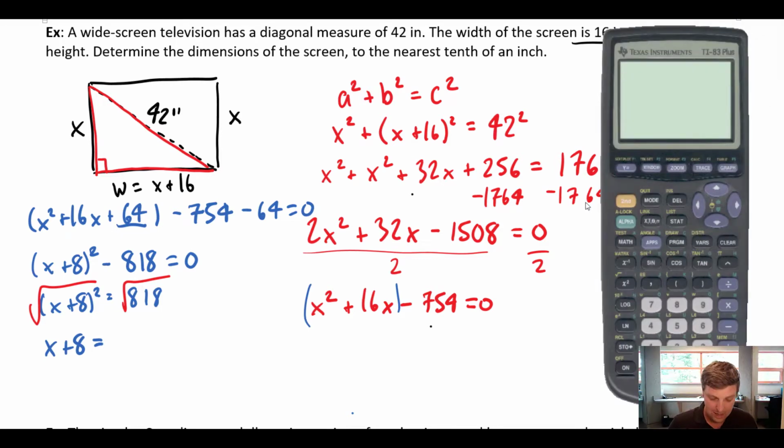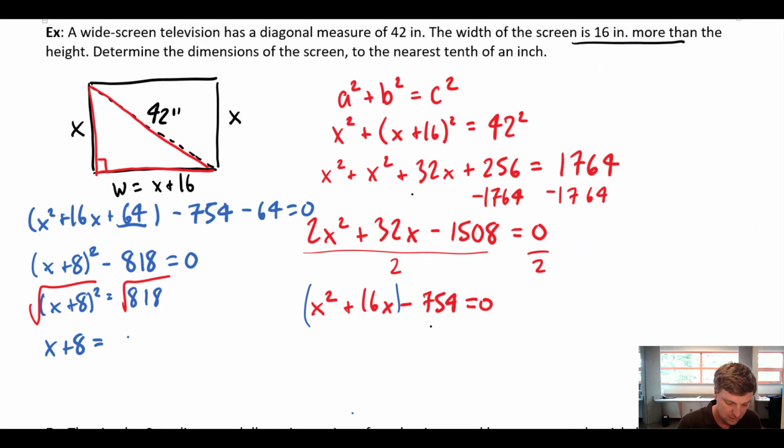Okay, so the square root of 818 is 28.6. We're going to go to the nearest tenth, so 28.6. So this is plus or minus 28.6. And then I just need to move 8 to the other side, so I get x is equal to negative 8 plus or minus 28.6.